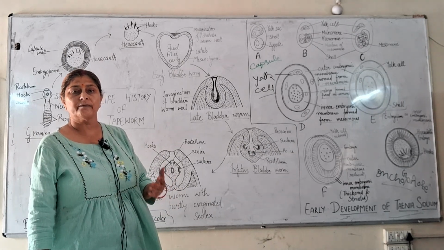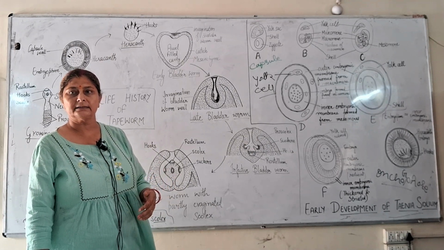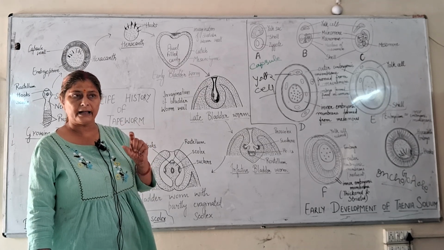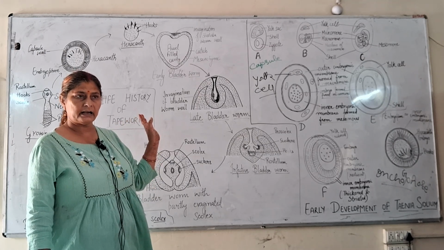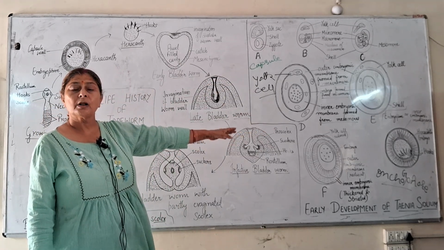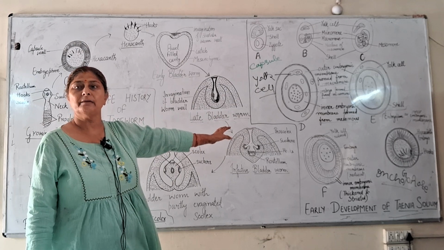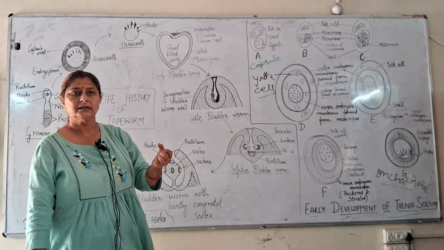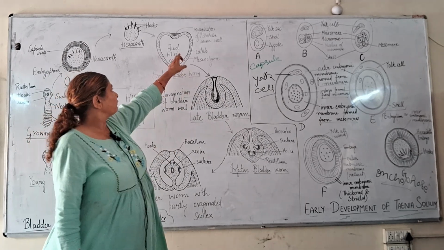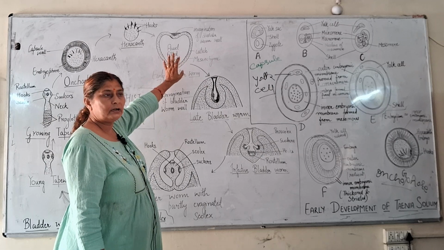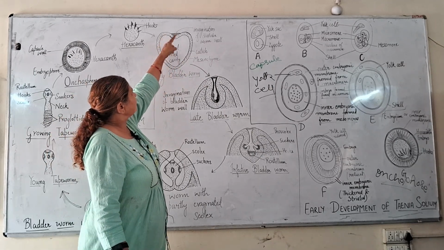This is the fluid which is taken by this hexacanth or embryo from the host body blood, which gives nourishment to it.